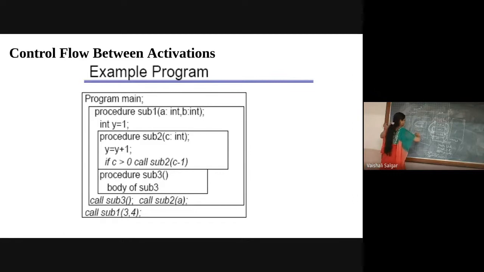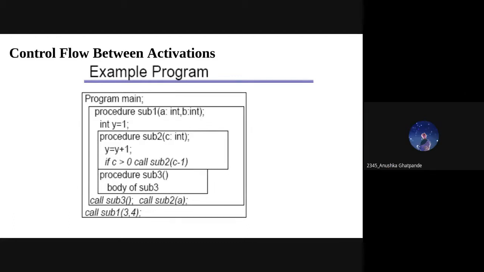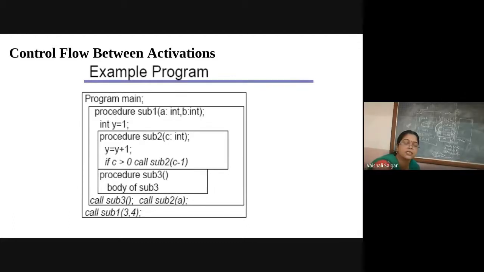So even though when it will be switched, obviously, for both of these, the dynamic link or the access link will be of sub1 activation record, but when it is returned for execution, in order to resume the execution, the return address will be something different. Yes or no?